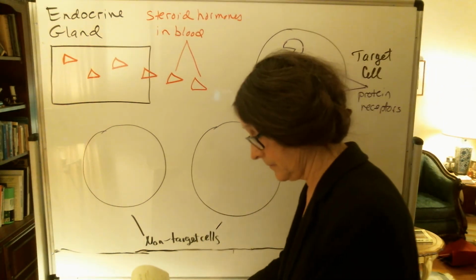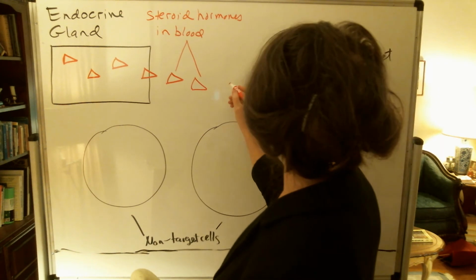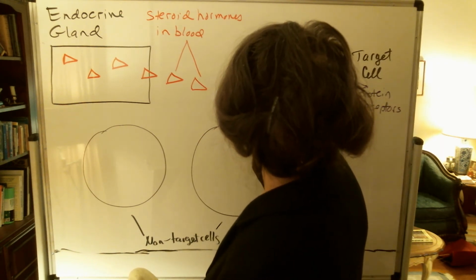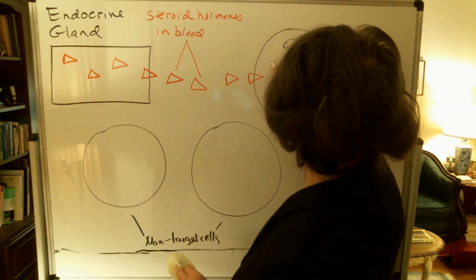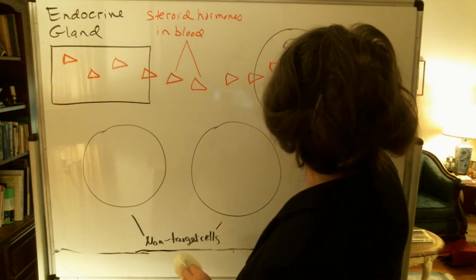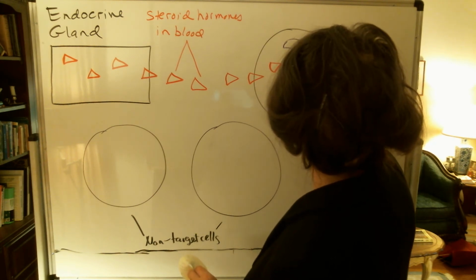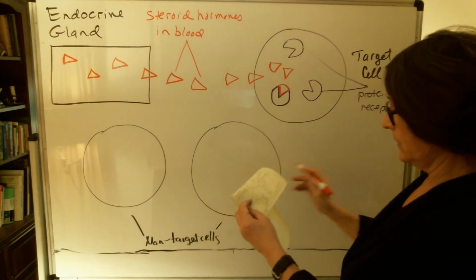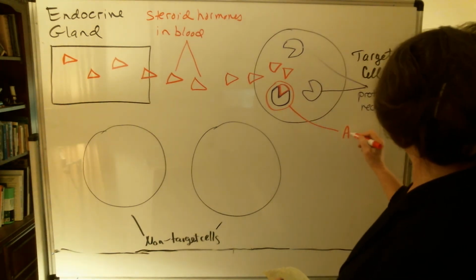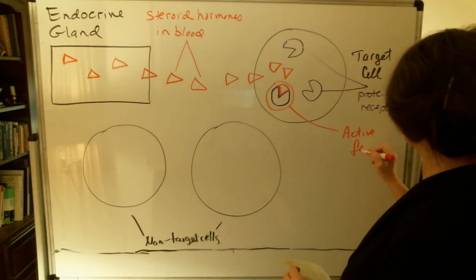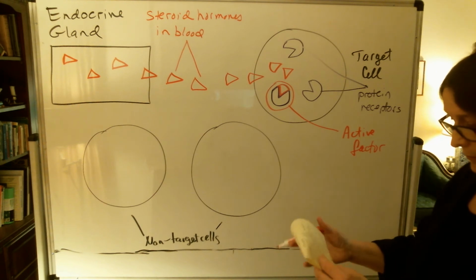But my point is that these steroid hormones, which can just waltz right into a cell, they can just go straight through the cell membrane of the target cell, and once inside, they can combine with the protein receptor, and then this together, then this is now the active factor, made up of both the receptor protein and the hormone.